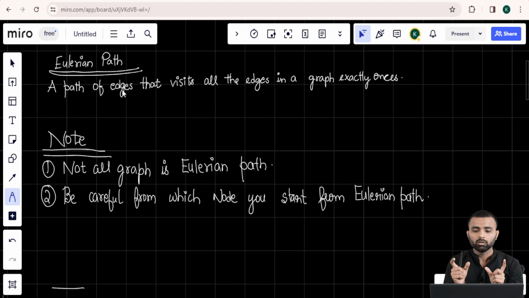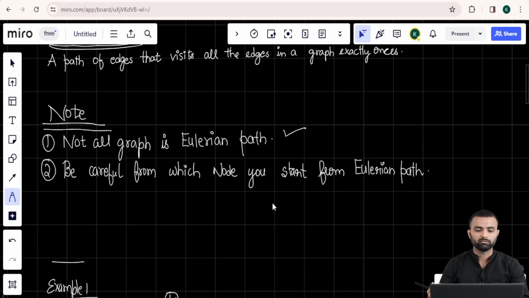Before going into the example, let's understand two points. First, not every graph has an Eulerian path, please keep this in mind, you will understand it later. Second, be careful about which node you start from when checking for an Euler path.